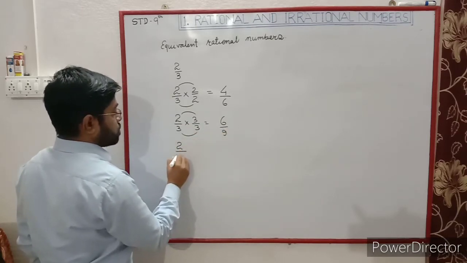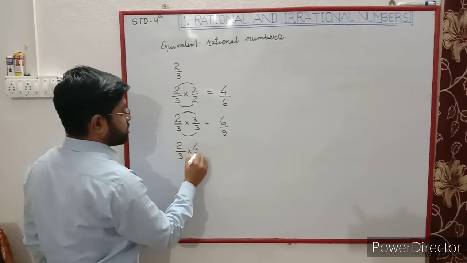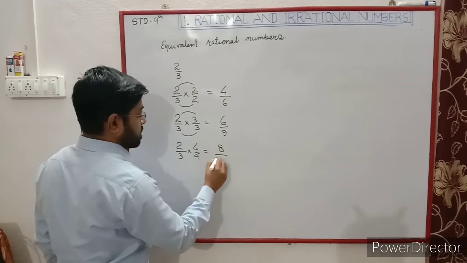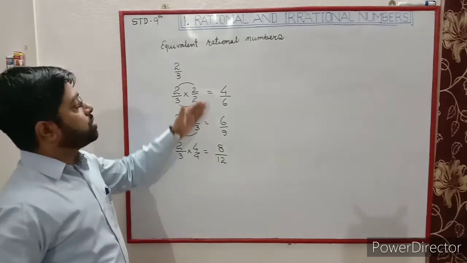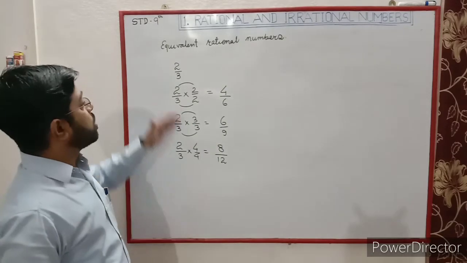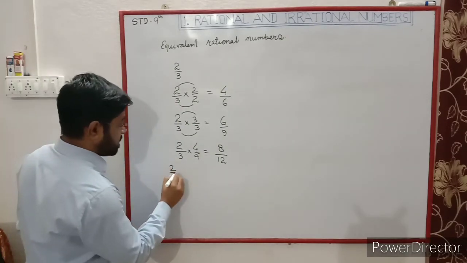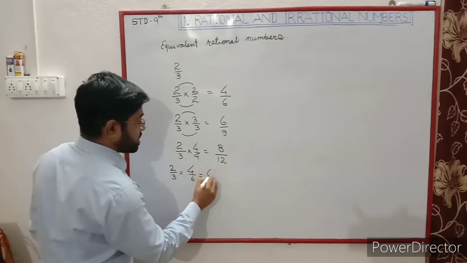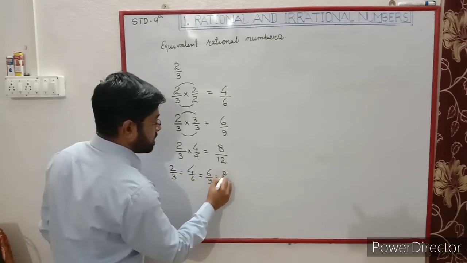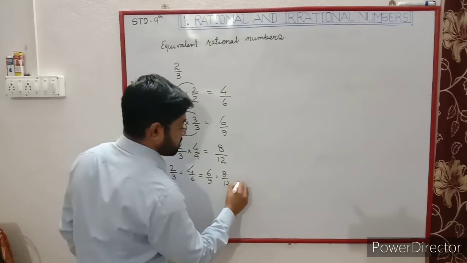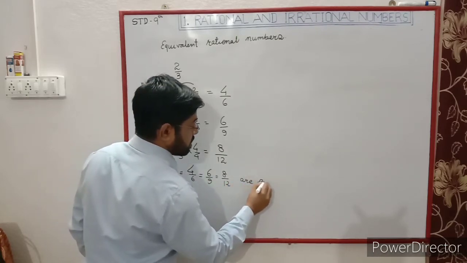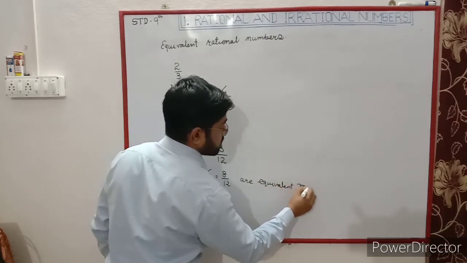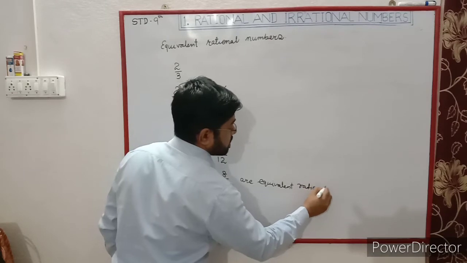Again next, 2 by 3 multiplied by 4 by 4 is 4 twos are 8 and 4 threes are 12. So we have three equivalent rational numbers of 2 by 3. So 2 by 3 is equal to 4 by 6 is equal to 6 by 9 is equal to 8 by 12 are equivalent rational numbers.